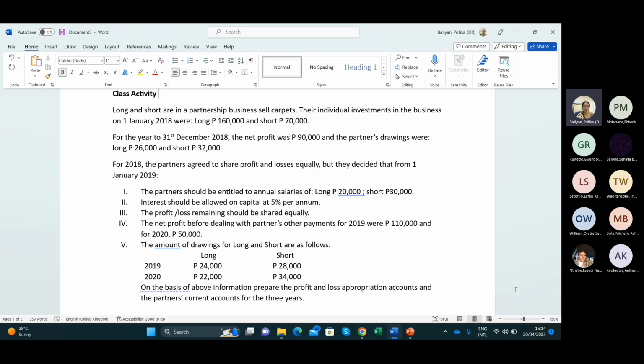Then how much salary has been paid in year 2020? The salary to partners? 20,000 and 30,000. Yes. And how much interest on capital was paid to the partners?